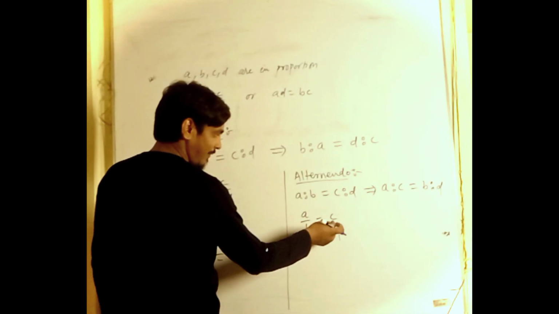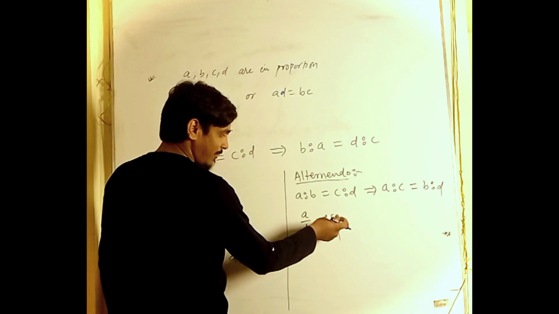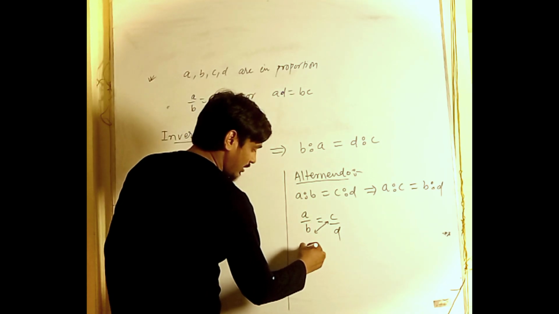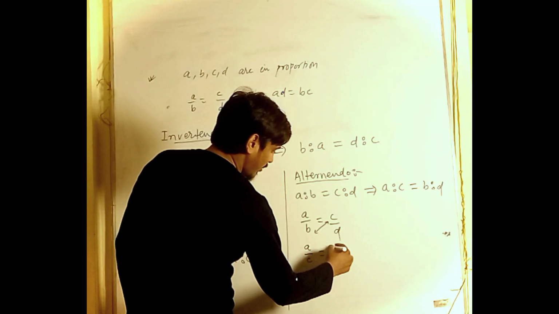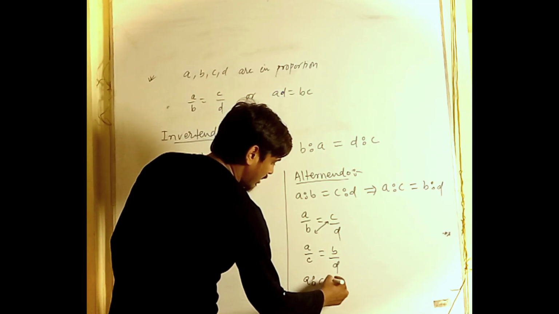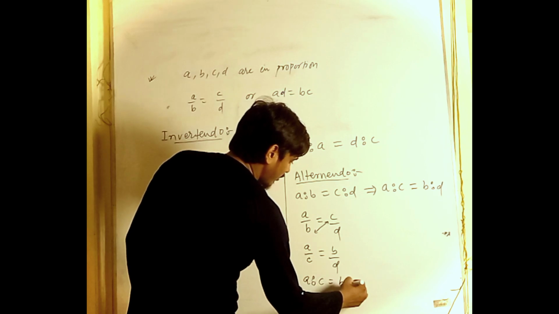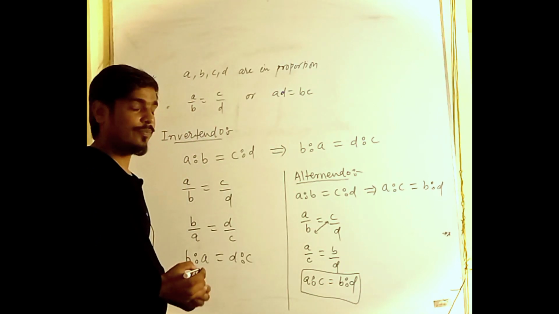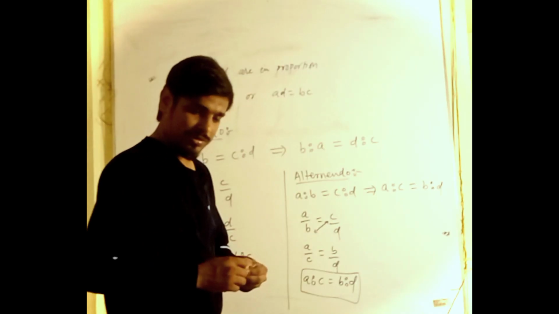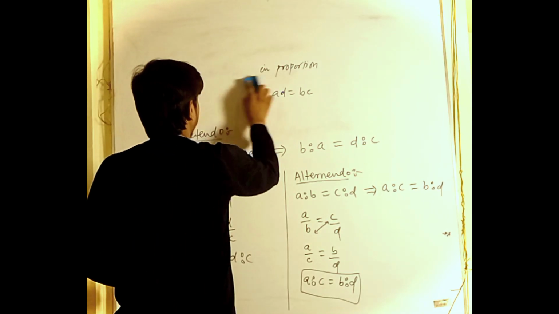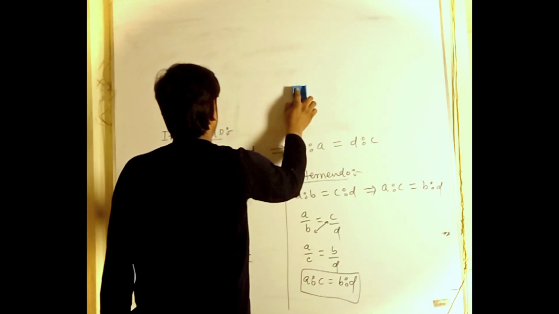In the same way, this C is in the numerator, so if we bring it to the left, it goes into the denominator. So this will be A over C is equal to B over D, and then we can write it as A ratio C is equal to B ratio D. This property we call alternando. We'll use these properties wherever required in simplifying equations or expressions in algebra.